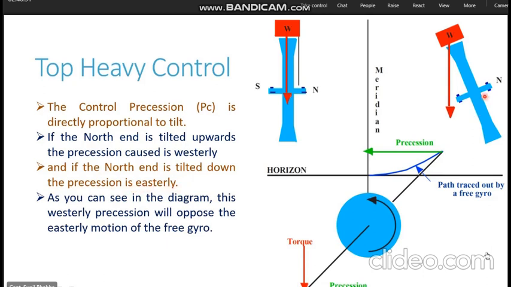When the north end is tilted upwards, a westerly precession is generated, and when the north end is tilted downward, an easterly precession is generated. So as we can see in this diagram, the westerly precession which is generated in this particular case is going to oppose the easterly motion of the free gyro, thus trying to bring it back towards the meridian.